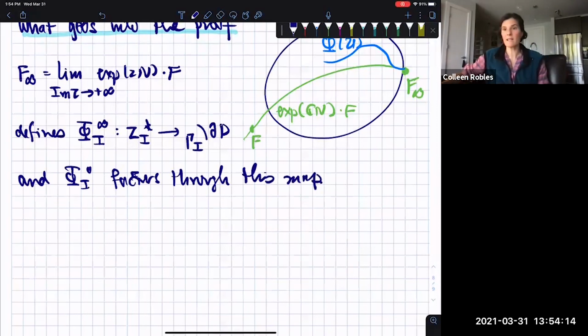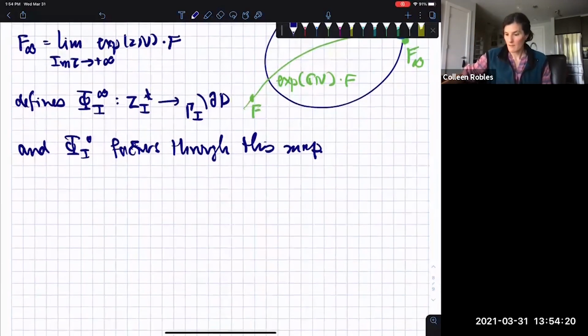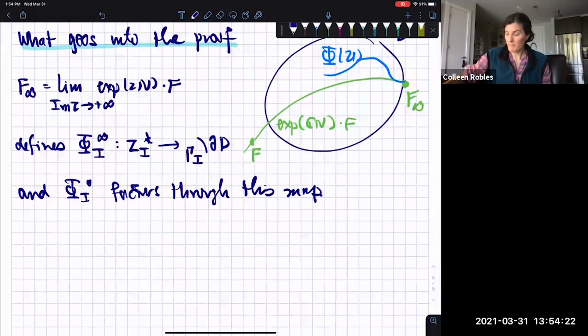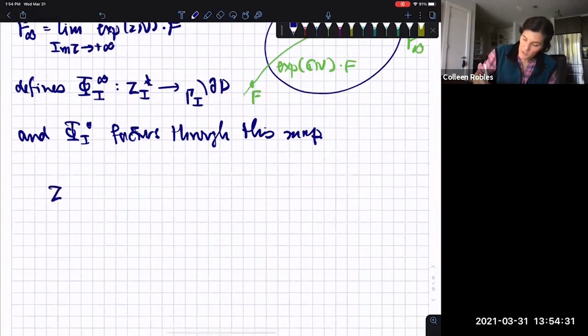Okay. That's a straightforward statement. That's just something that falls out of the definition of the quotient and the structure of the limit at the boundary.